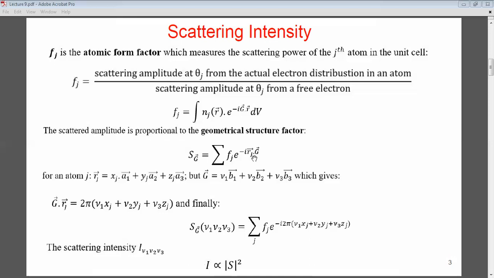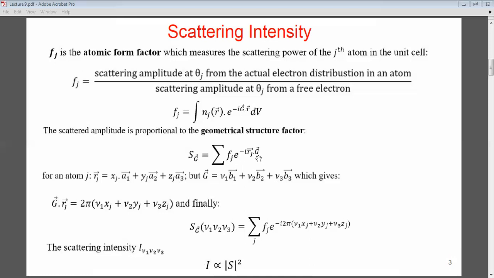If we have two atoms, like in the BCC, this will be two terms, of the atomic form factor multiplied by e to the minus i Rj dot G, where Rj is the position of the atoms in the unit cell. So Rj is xj a1 plus yj a2 plus zj a3. And G is the reciprocal lattice vector, which is v1 b1 plus v2 b2 plus v3 b3.